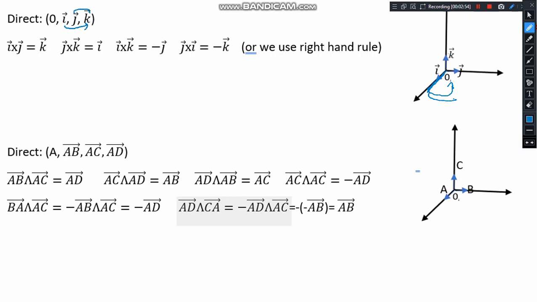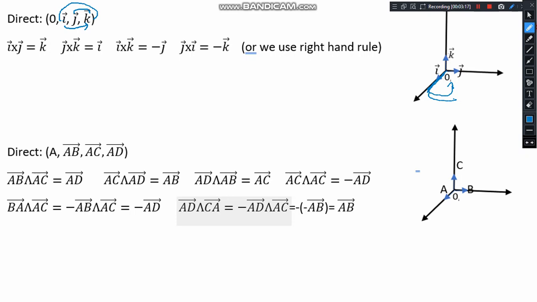If you have j k directly after it, what do you get? i. If you have, for example, i k, you have k i. k i will give you j, but i k will give you minus j. Why? Because it's not direct.